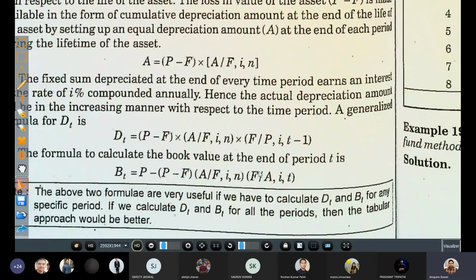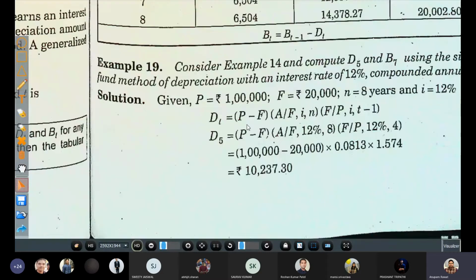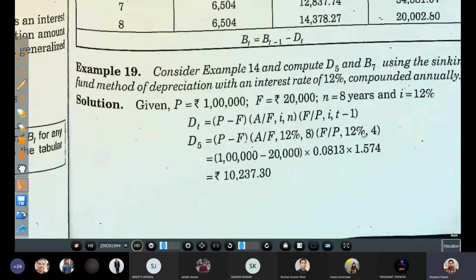So Dt will be (P minus F) into A of I comma N and factor F upon P, I, t minus 1. So that is 1 lakh minus 20,000 into 12% interest rate for 8 years, and 12% rate for t minus 1, that is 5 minus 1, which is 4.